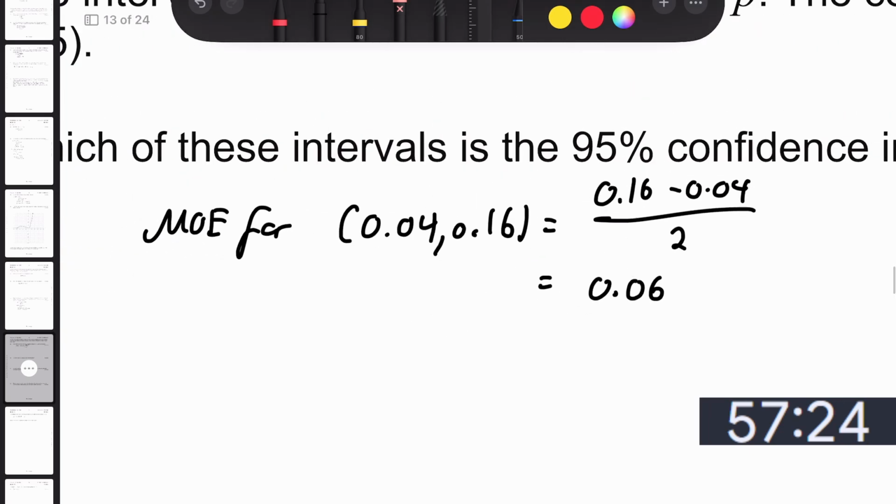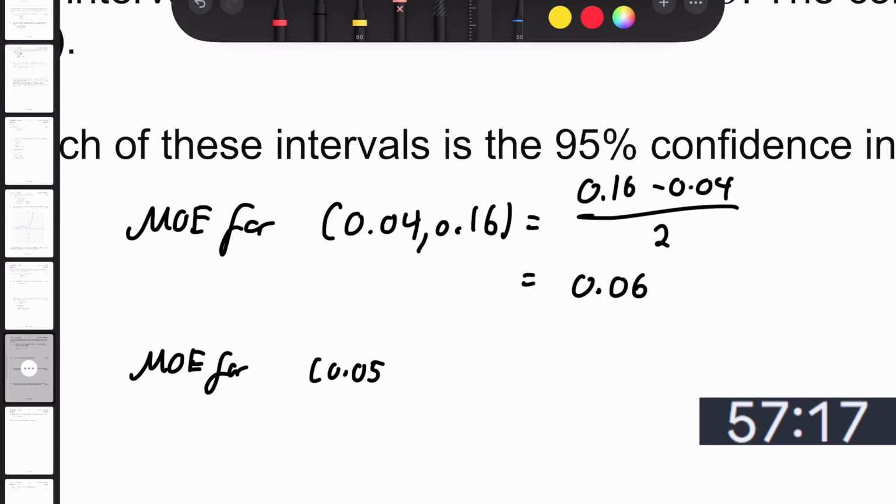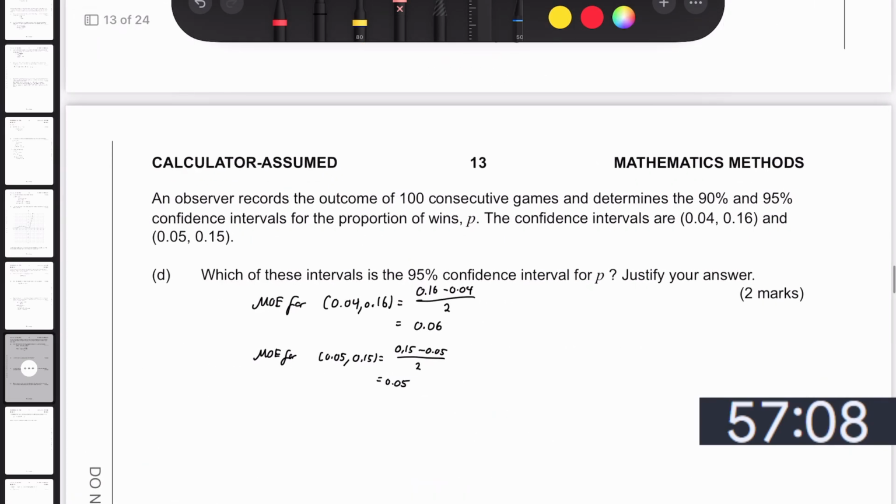And then for 0.05 to 0.15, the margin of error is 0.15 minus 0.05 all over 2, 0.05.